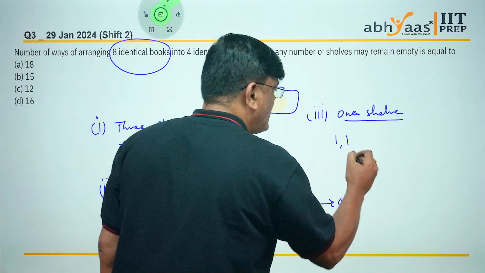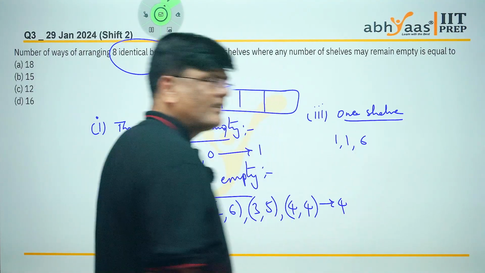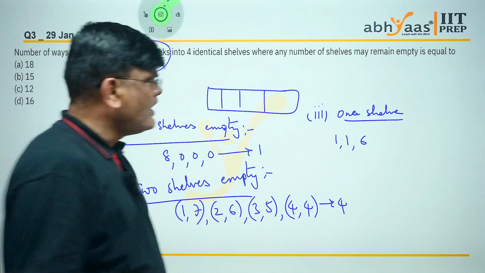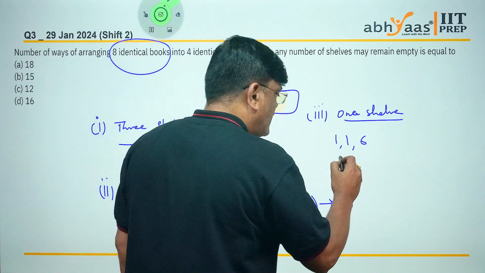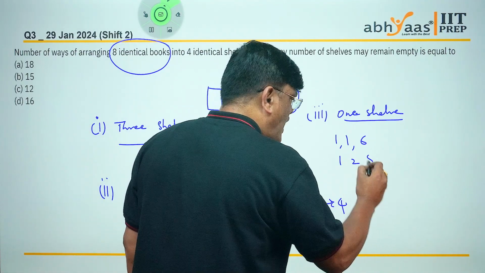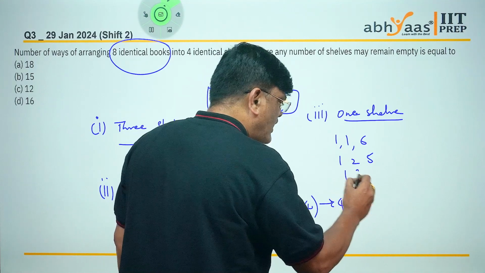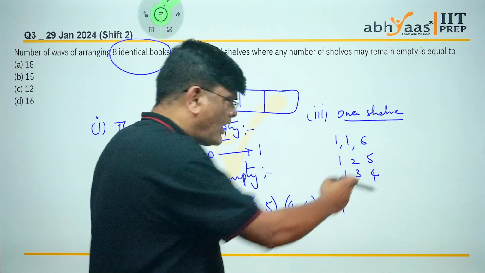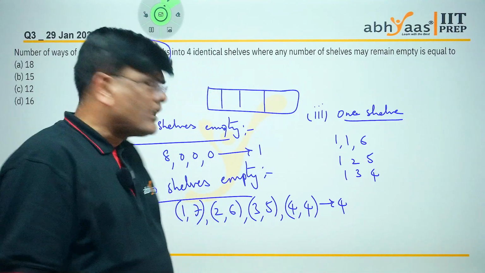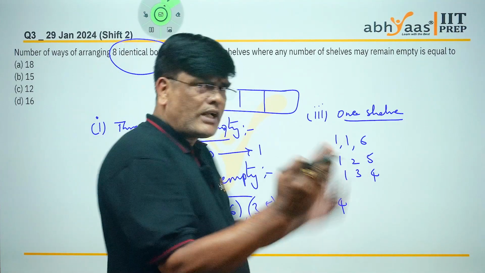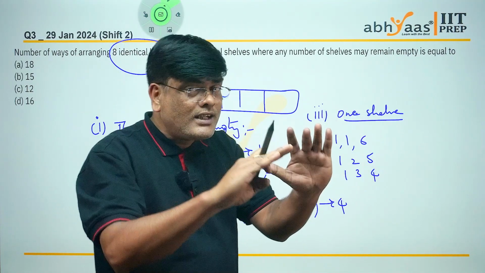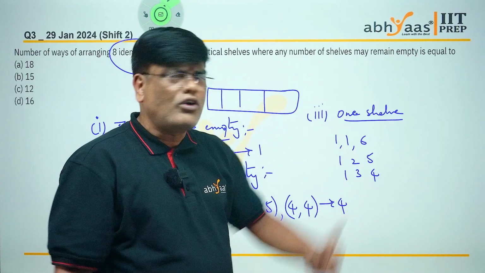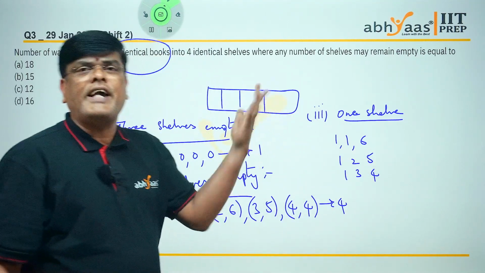So 1 1 6. Is it right? This is one way. Next 1 2 5, 1 3 4. Next 1 4 3, that is also already included here. Next 1 5 2, that is also included. That means it is arranging the digits among themselves, so no need to consider because shelves are identical.